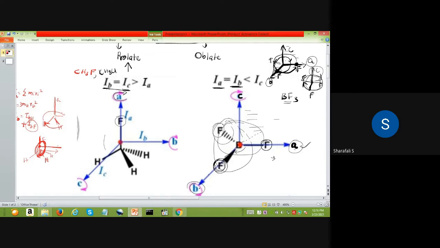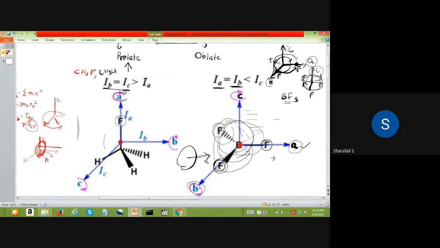So in the representation it is coming above, but it is there. So its rotation will be like this about that A axis. So both of them will have the same moment of inertia.